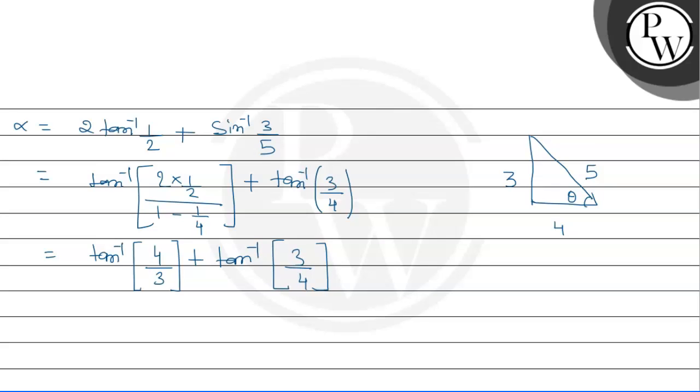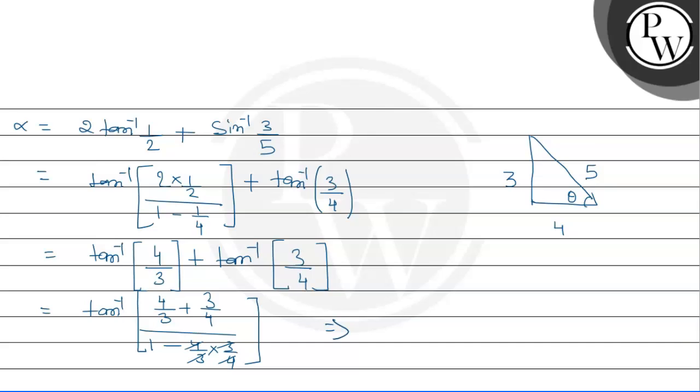Now here I will use the identity tan inverse A plus tan inverse B. So this will be tan inverse of, A means, 4 upon 3 plus 3 upon 4 upon 1 minus 4 by 3 into 3 by 4. So this value will cancel out.